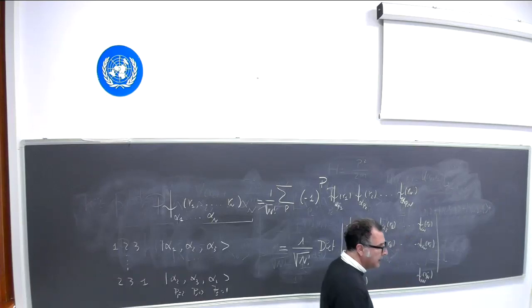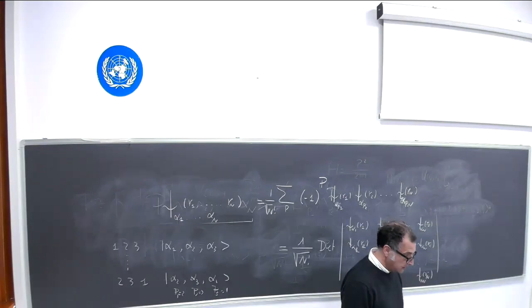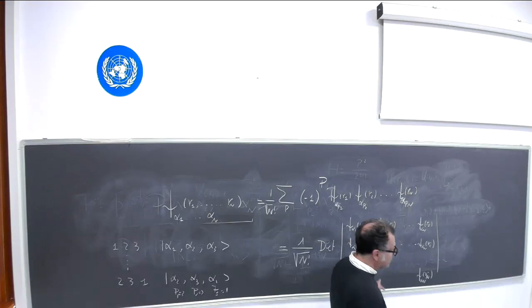Now, what happens to the determinant if two rows, or two columns, are the same? Zero. Very good. Now you see that this is the direct observation of something known as the Pauli Principle, which applies to fermions.